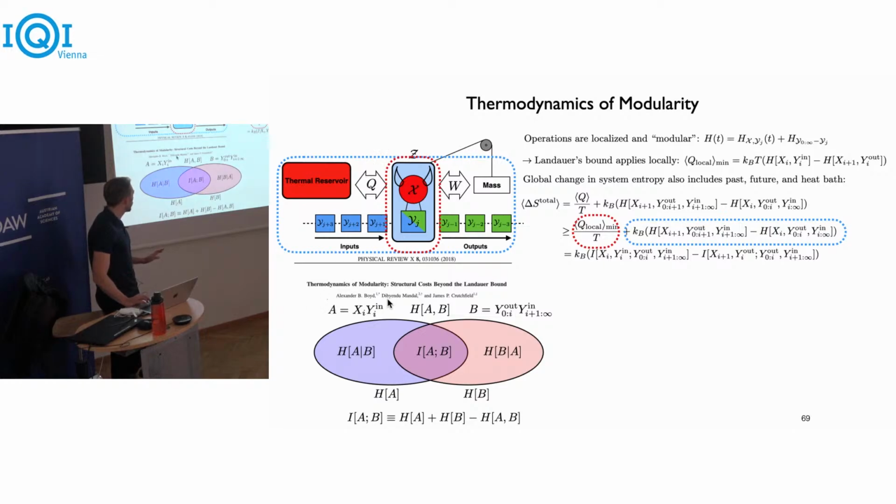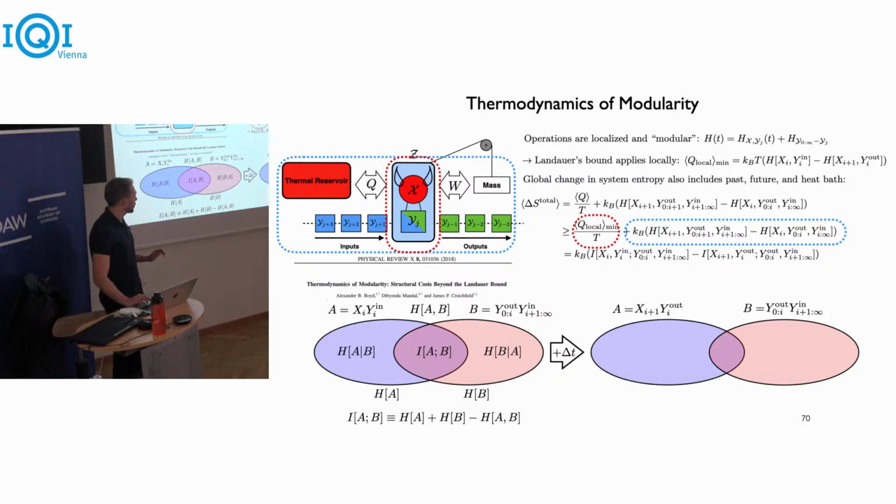So here we have our information diagram picture where we've got our computing component A, our remaining bits, our remaining outputs and inputs, and you do some computation, and because it's modularly implemented, the information shared between them has to reduce. It can't increase. And the amount that it reduces corresponds to irreversible entropy production. And this is what we call the modularity dissipation.